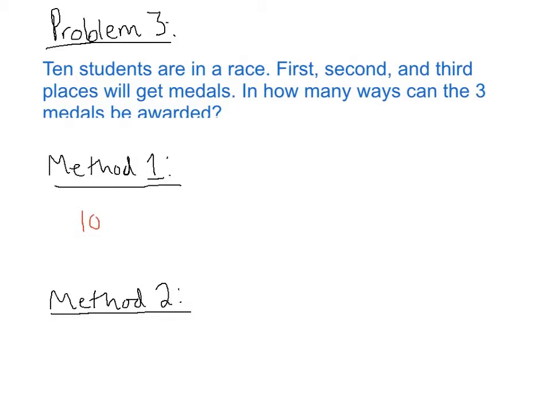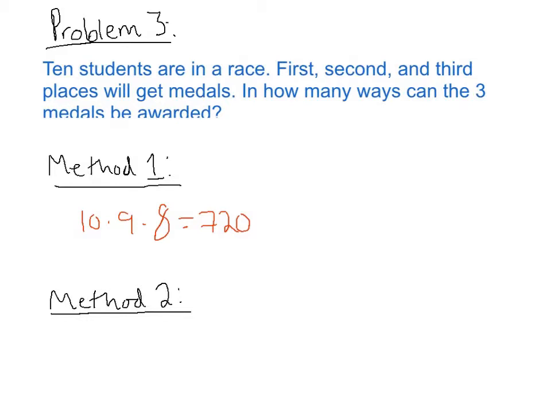After we've picked one person, how many are left? Well, 9. And then thirdly, you could have 8. There's only going to be 3 medals given out, so 10 times 9 times 8 will give us 720. So there's 720 different ways that we could hand out 3 medals.